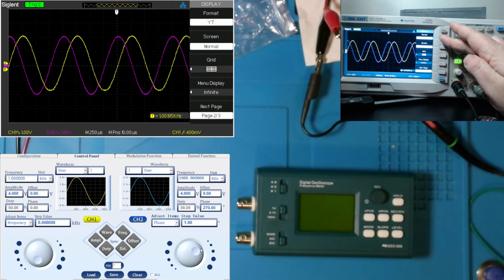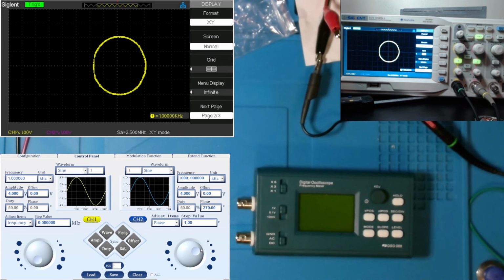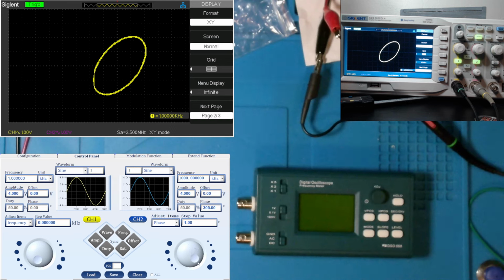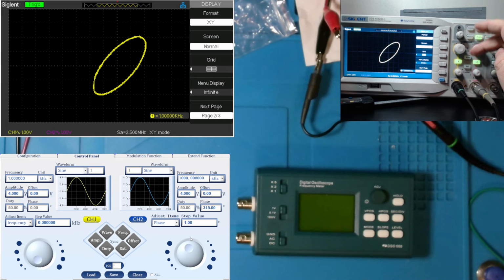Look at that. They're still not on top of each other. Well, we've got a circle. Let's go up to 315. We're now back to a forward slope and somewhat circular and oval.